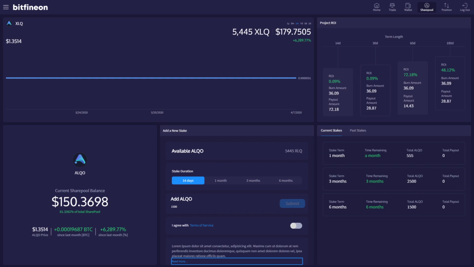Bitfineon is here to support the Alco ecosystem as much as Alco is here to support Bitfineon. So again, take a look at Alco if you're landing on Bitfineon.com and you didn't know about Alco before. You can go to alco.app.